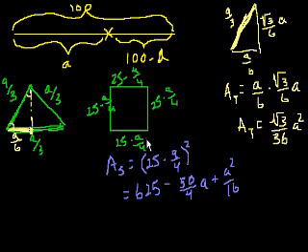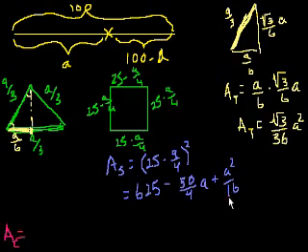But we want to know the combined area of both of them. So what's the function for the combined area? I'll do it in a bold color. The area combined is equal to the area of the square plus the area of the triangle.